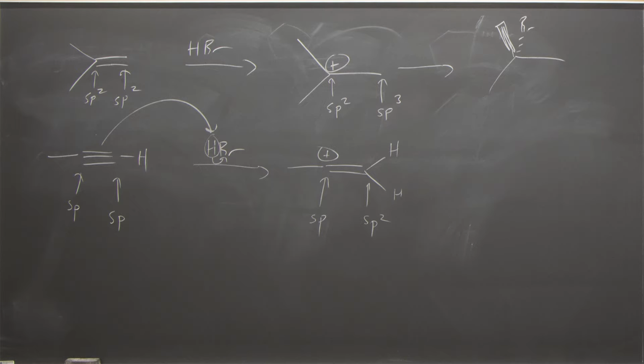Afterwards, the cation is still sp2, but where the hydrogen added is now sp3. The cationic one has not changed because empty orbitals do not participate in hybridization. The exact same thing for the alkyne. The one on the left was sp hybridized, as was the one on the right.